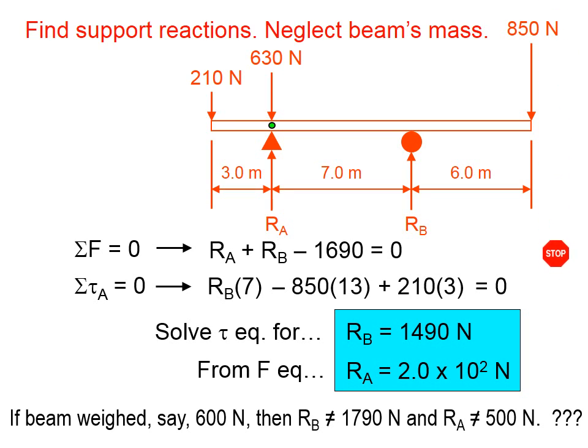And the reason for that is, of course, that this beam is not symmetric about those two reaction points. So we would have to take that into account in a different way in order to solve that.